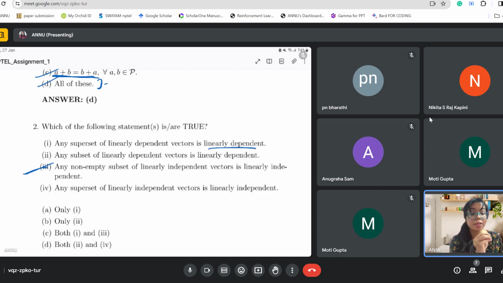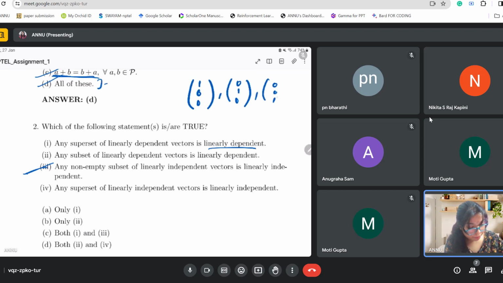Okay. One thing we can see is that linear independence states that alpha 1 v1 plus alpha 2 v2 plus ... plus alpha n vn equals 0 if and only if alpha 1, alpha 2, alpha 3 are all 0. For example, if you take two vectors out, just see this example: (1, 0, 0), (0, 1, 0), (0, 0, 1). You can verify with an example anytime; it will be true always.